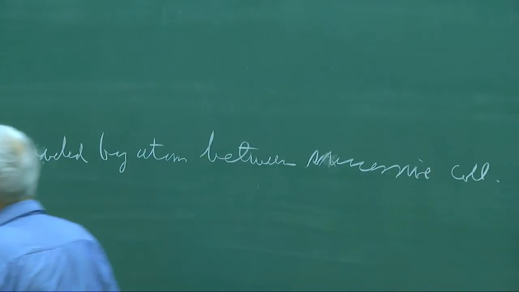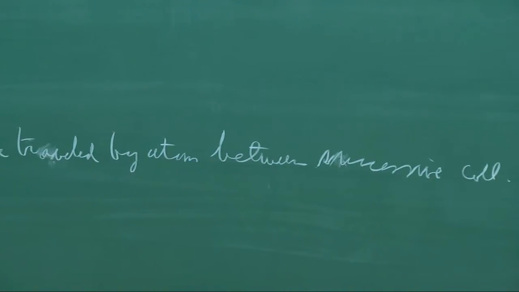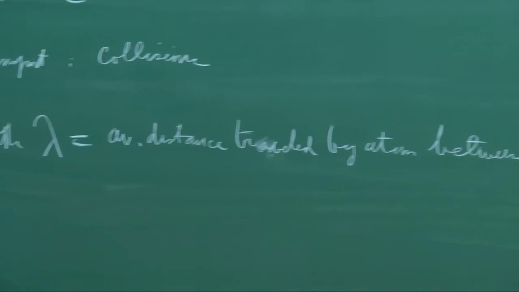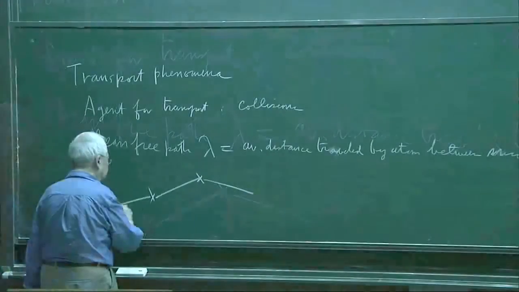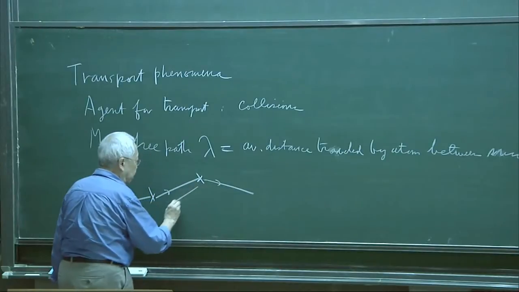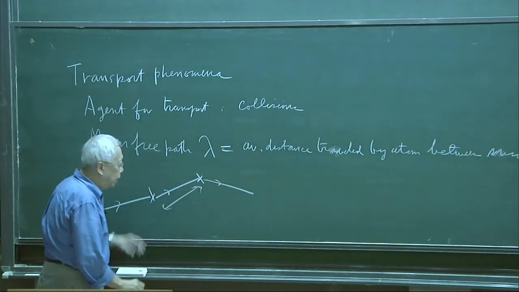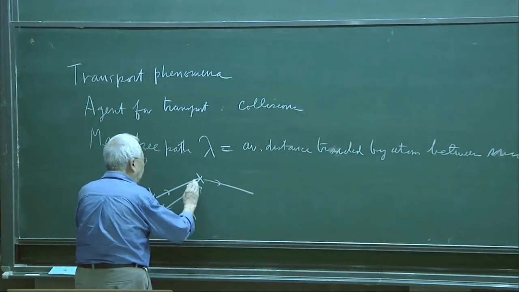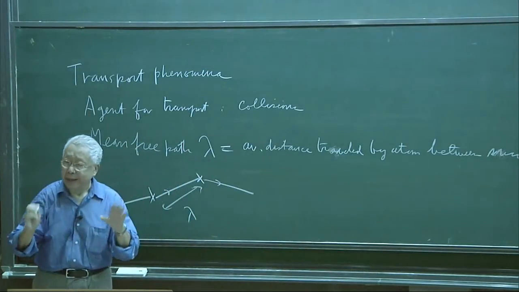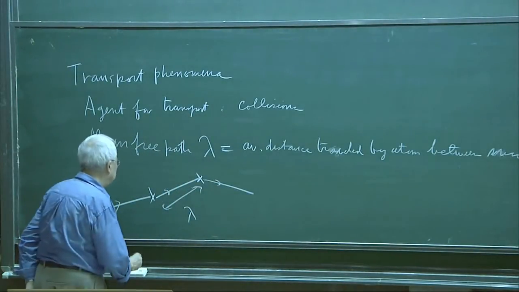So let's imagine an atom here. It moves along and it collides. And it moves along here and it collides and goes like this. That is a free path. And the average of that is the mean free path. You have to average it over all collisions in the gas. That's the mean free path.